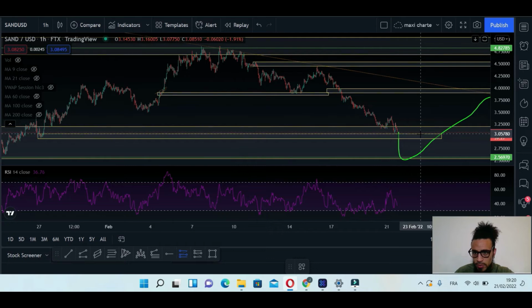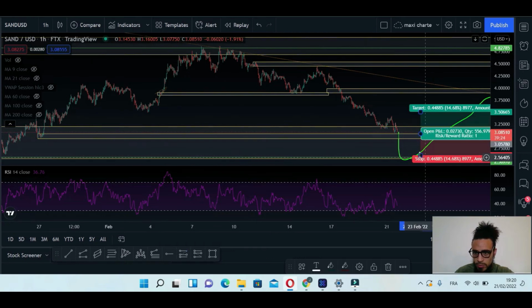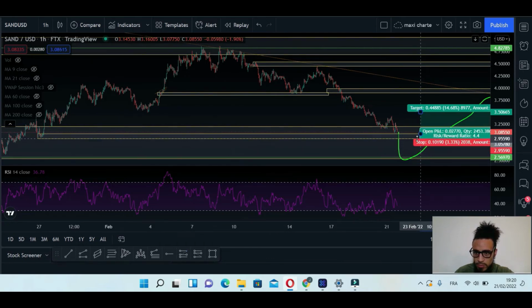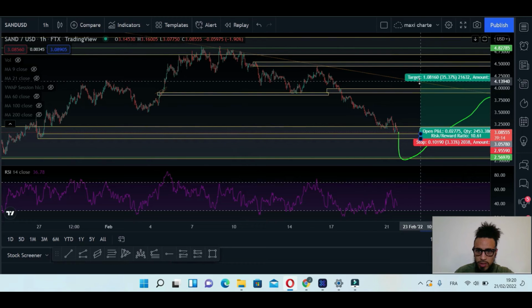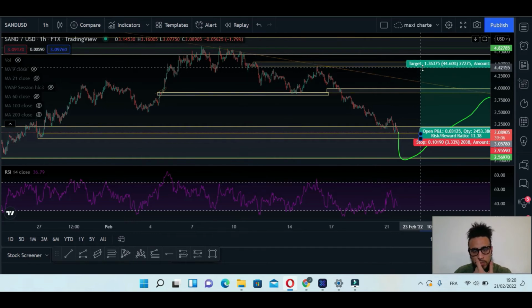Right there, you would enter here, you would exit here, and you would aim for the first target, this one right there. Second target, you could aim for this one, and then the third target would be the one here.